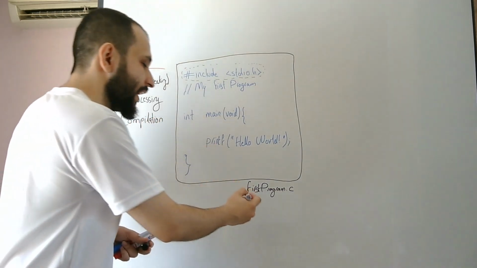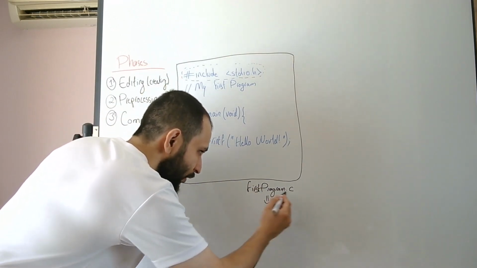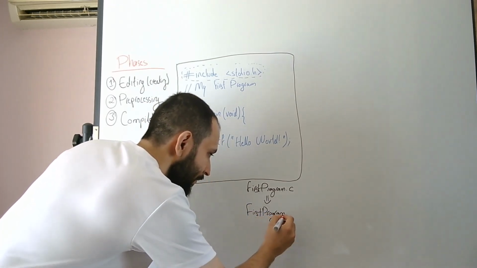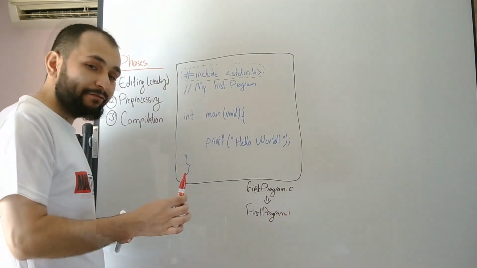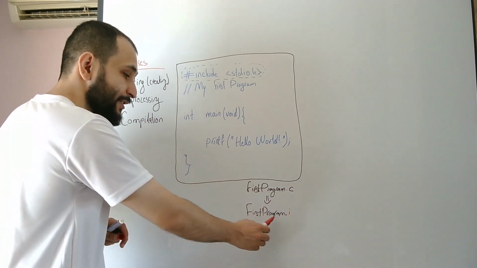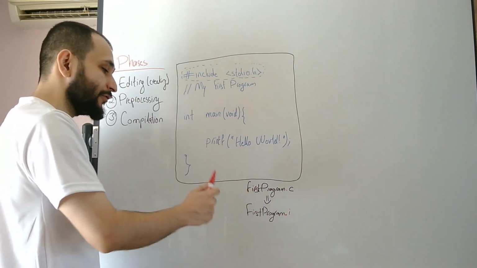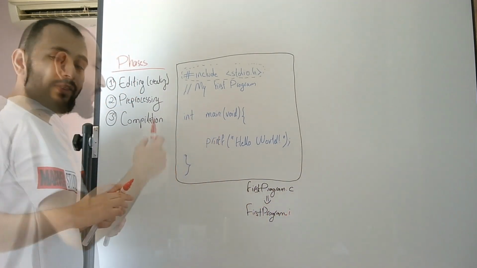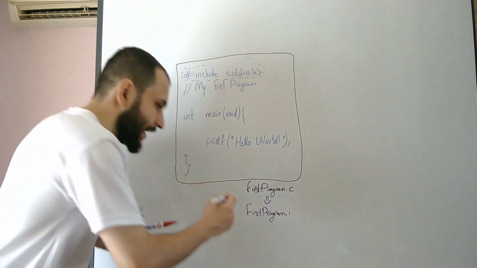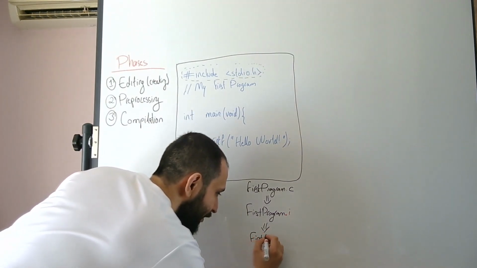Up until now we had first program.c. After the pre-processing phase, the first program.c file became the first program.i file. This is the output of the pre-processing phase. The output of the compilation is going to be the first program.s file.